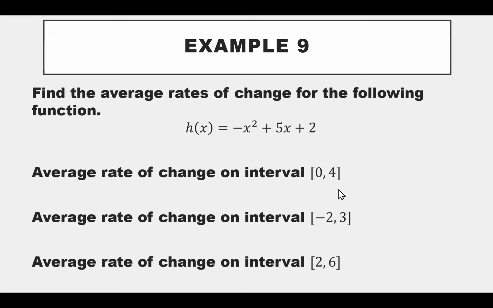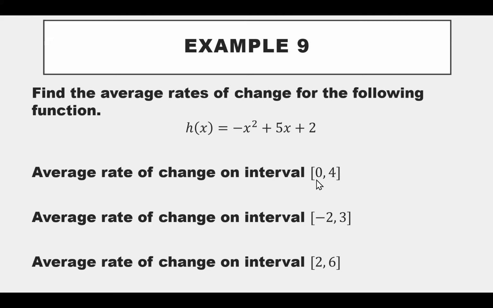Let's do another example with a function that we haven't looked at yet. Let's take the function h(x) = -x² + 5x + 2, and let's find the average rate of change on the interval from 0 to 4, the average rate of change on the interval from negative 2 to 3, the average rate of change on the interval from 2 to 6.